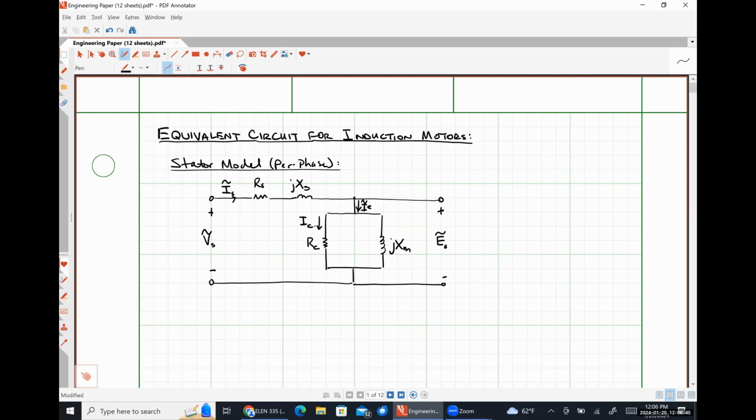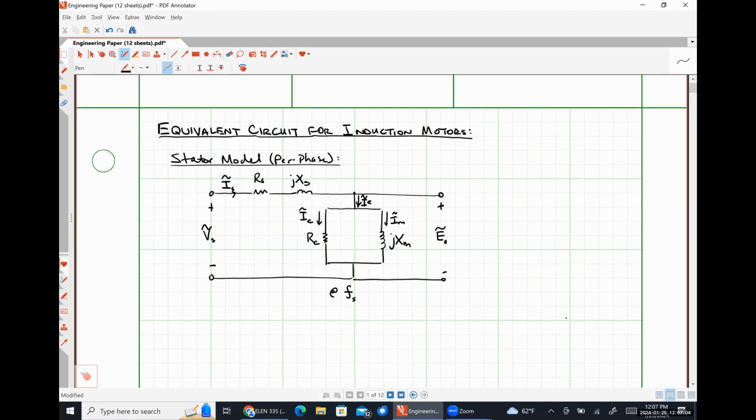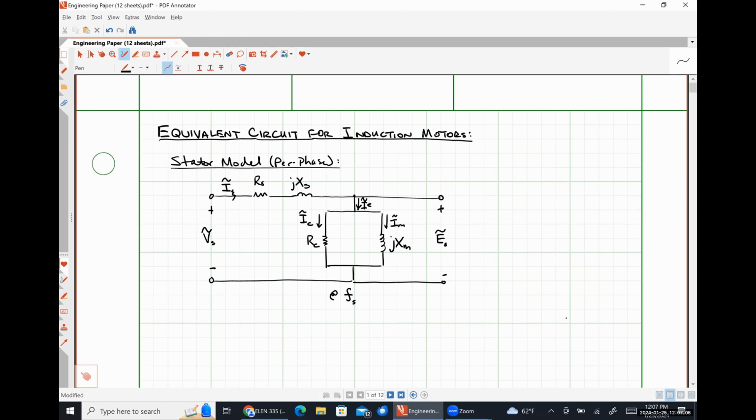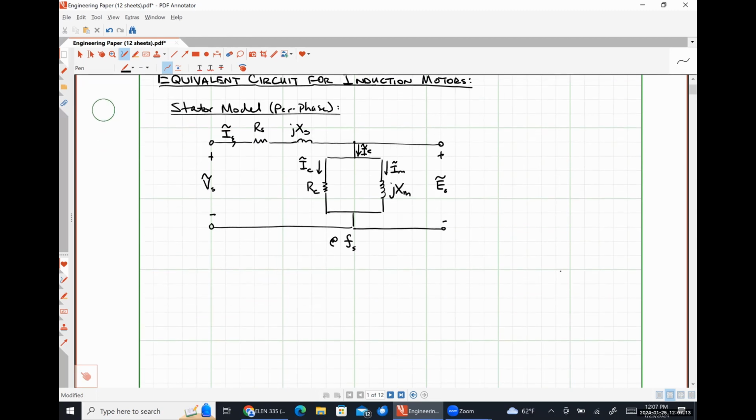We have our current flowing through the core, and then the current required to magnetize our core like so. And all of these voltages and currents are at our stator frequency, right? So whatever frequency we're exciting the stator at, we should see all of our voltages and currents are at that same frequency, okay?